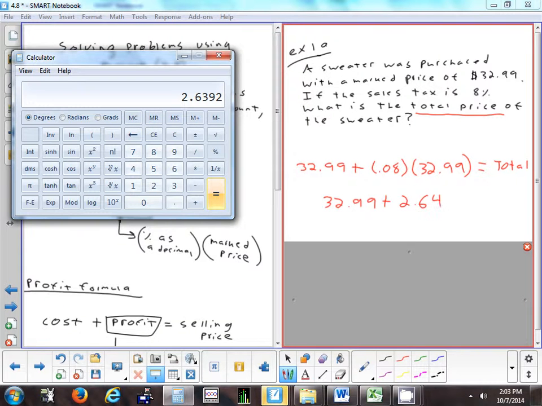When you're dealing with money, you always go to 2 decimals. So it's $2.64 in tax, plus the original price of the item, $32.99. So take the marked price plus your sales tax, and your total cost is going to be $35.63.